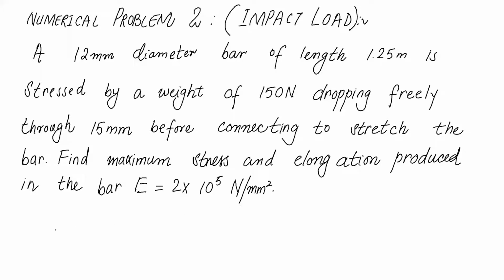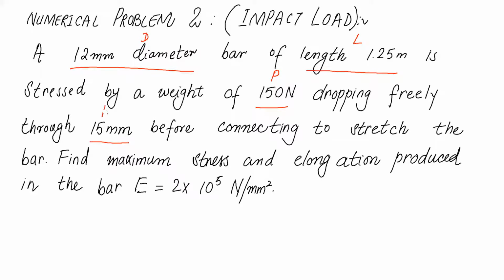Now I am going to tell you what is given and what is required. The diameter is given in the question, the length is also given, that is L, and this is D, you can write it as small d as well. 150 Newton is the load P, dropping freely through 15 millimeters.